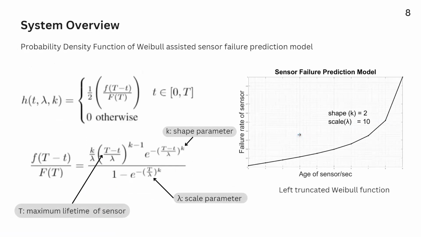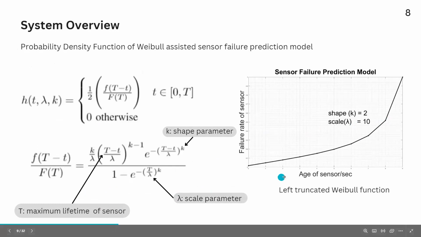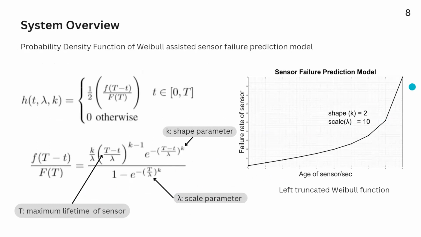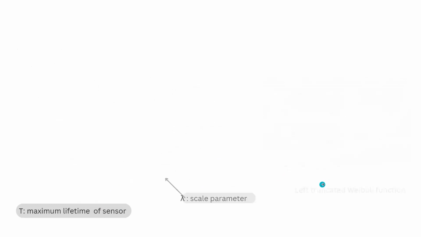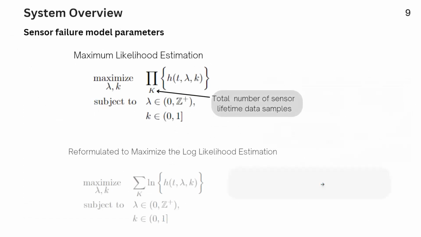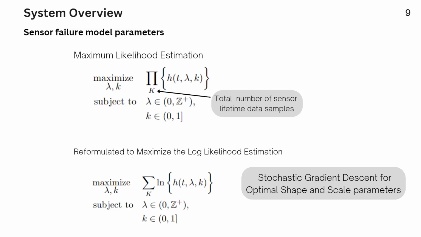I define the probabilities using these functions, and then I find the probability of something happening in the future. Likewise, I try to find the probability of the error or sensor failing.